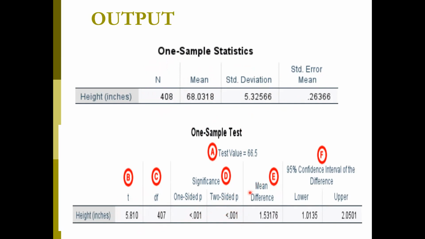The mean difference. This mean difference is the difference between the hypothesized mean, which is 66.65, and then the mean height generated by the system, which is what? 68.0318. The difference is what gives you this. We have the lower confidence interval, a higher confidence interval. For confidence interval, please watch my earlier video.